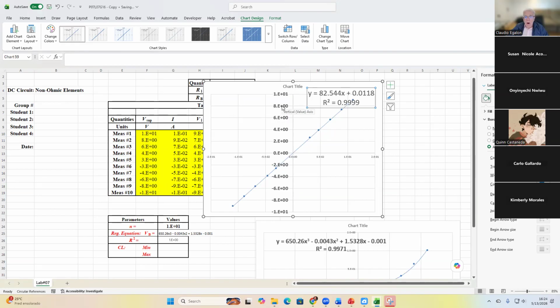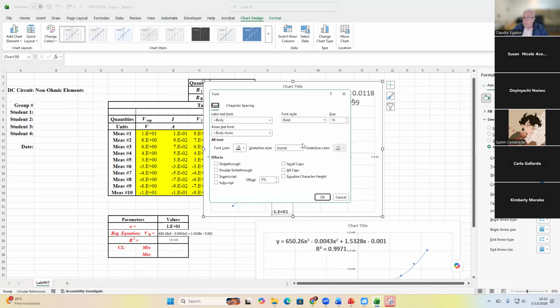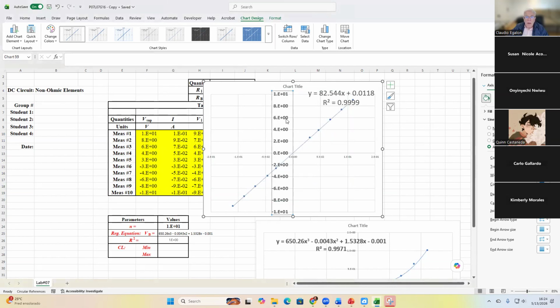And for this axis, you want to change the format instead of scientific. Go right in here, axis options, number.